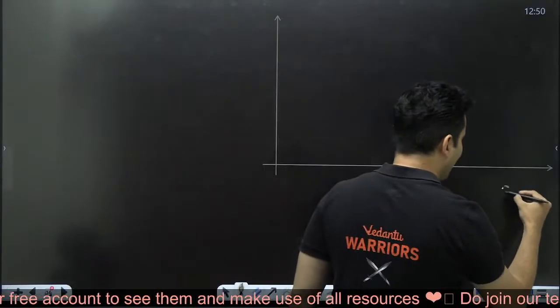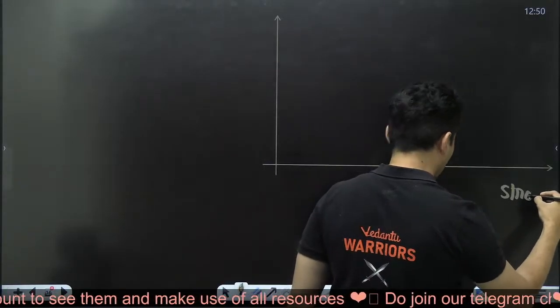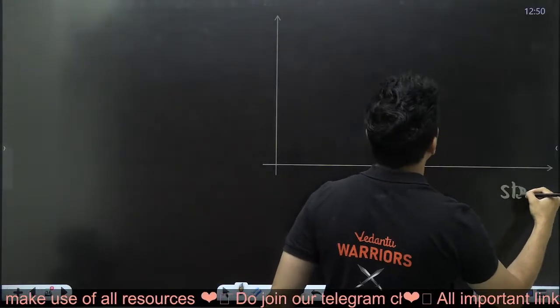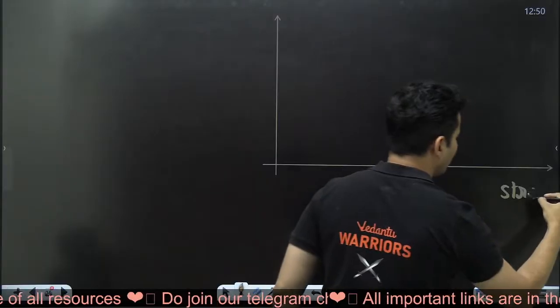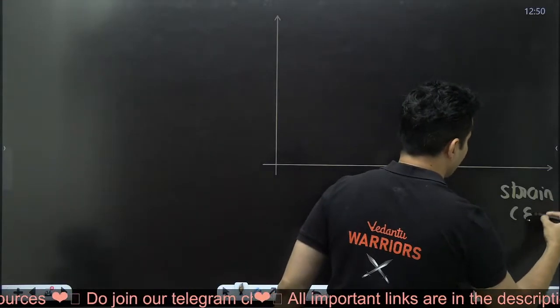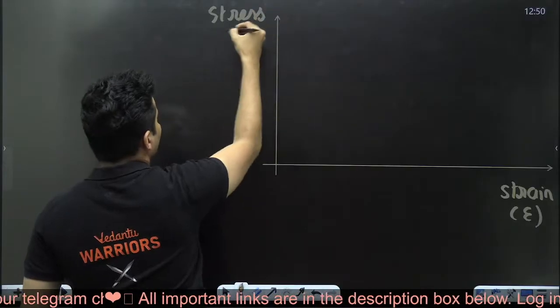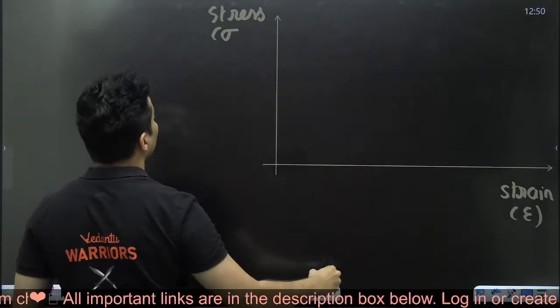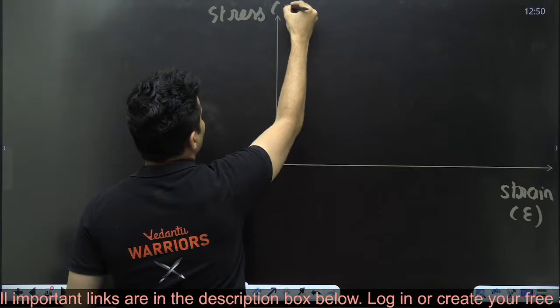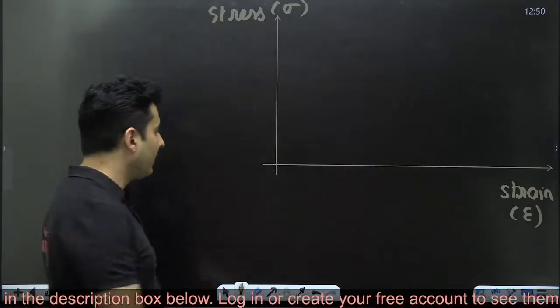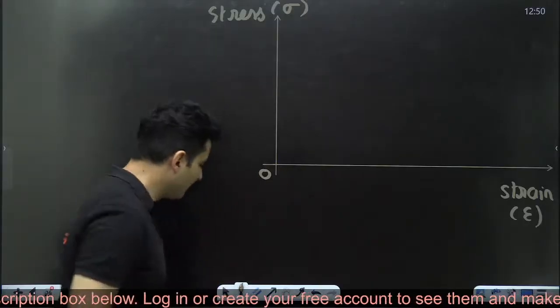Here we will have strain, which is epsilon, and here we'll have stress. Okay. Stress versus strain graph starting from origin.